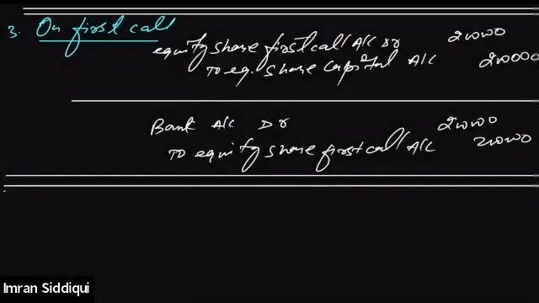And one last installment, the fourth installment, that is the final call. Will you be able to tell me the journal entry for the last installment? Shifa, could you please tell me? Final call account debit to share capital.